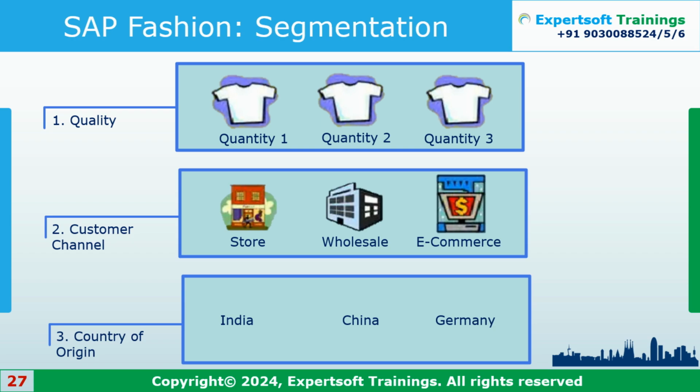Product 1, segment 10 is for your retail channel. Product 1, segment 20 is wholesale. And then product 1, segment 3 is for your e-com. Okay, so this is how you can imagine the rule or the basic setup which is done for the segmentation.